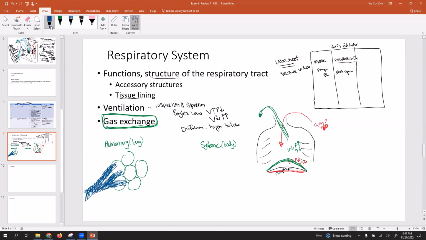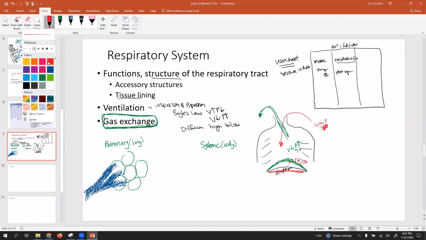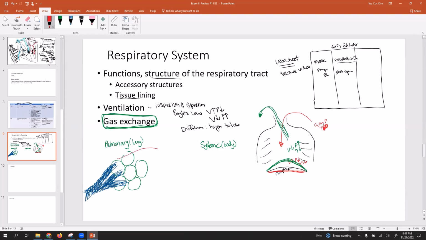Diffusion happens, and when it leaves, it goes back to the heart. Okay.